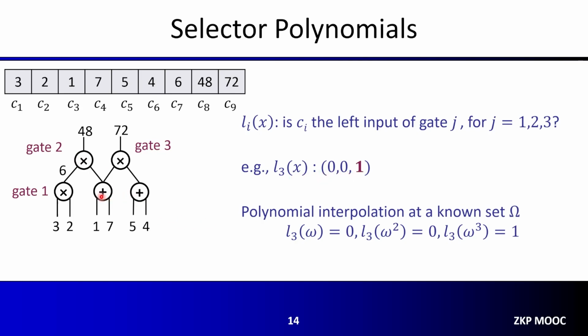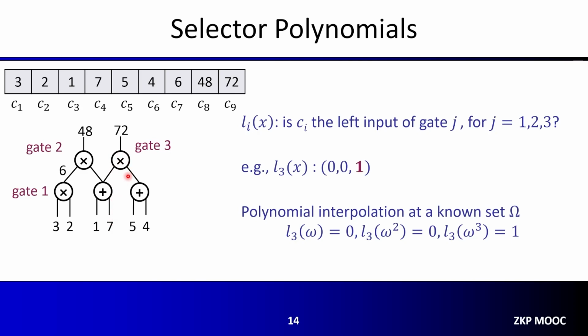But the rule to define whether it's a left input or not when we have an addition gate is that the values should go through this addition gate and connect to the multiplication gates. In this case, both 1 and 7 are inputs to this addition gate, and the output of this addition gate is the left input of gate 3.